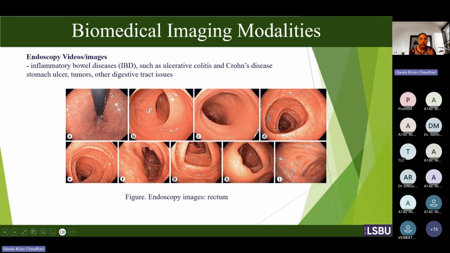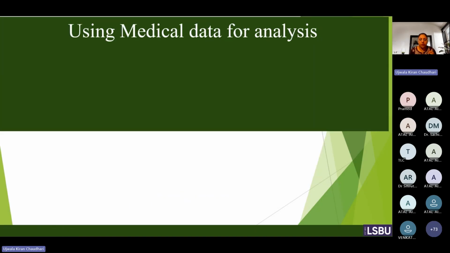But then these are videos. So of course the pre-processing involved here is that from the videos we extract the frames and then process the frames further. So depending on what kind of data you have, we do the pre-processing.